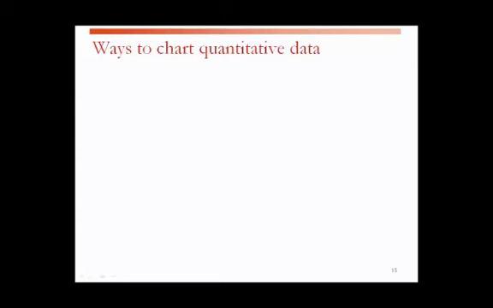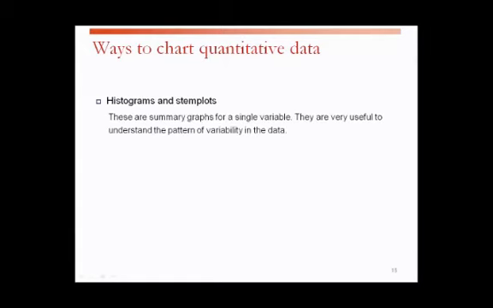What that does is help us plot the x-axis in a much more consistent fashion, because there's only one real way to plot the x-axis. So there are two real big ways of plotting quantitative data. Having said that, the bulk of the time we will be spending on something called histograms.